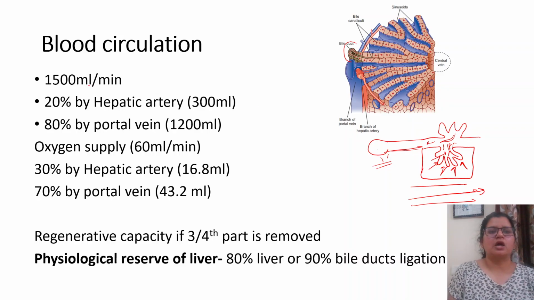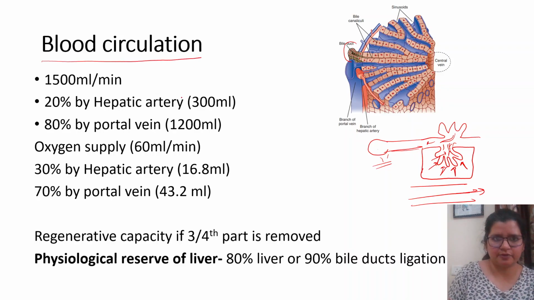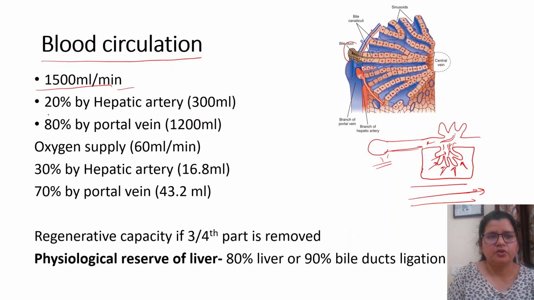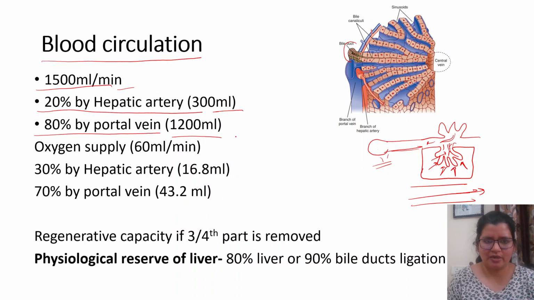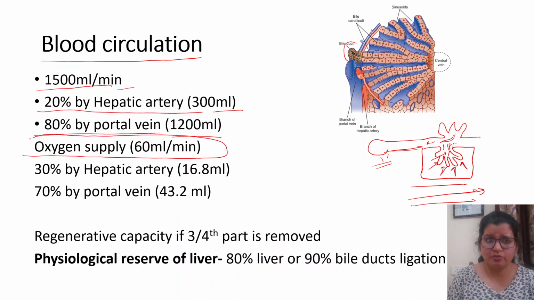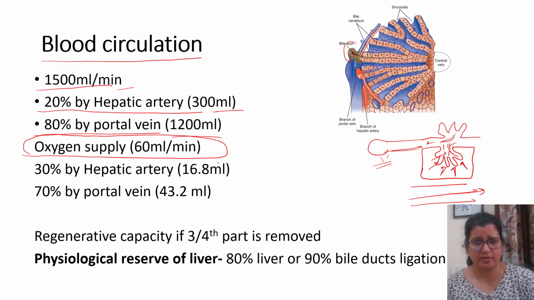So now let's see the blood circulation of the liver. The liver is basically supplied with 1500 ml per minute: 20% by the hepatic artery, around 300 ml, and 80% by the portal vein, around 1200 ml. If you talk about oxygen supply, you must be wondering that it is by the hepatic artery.